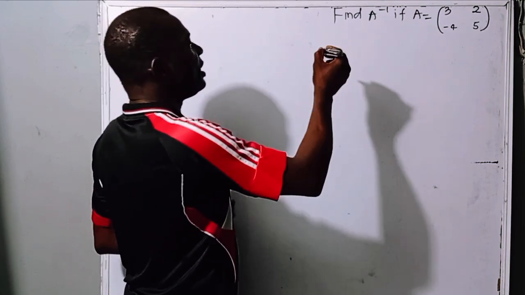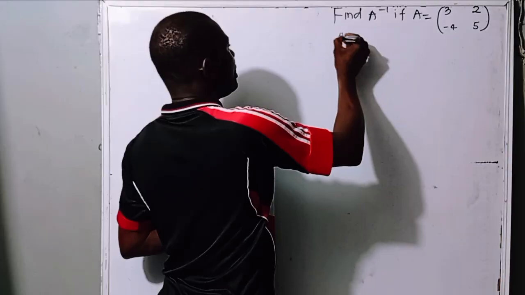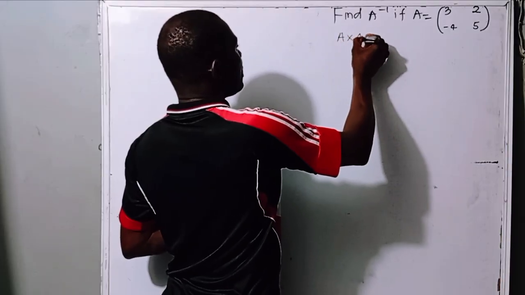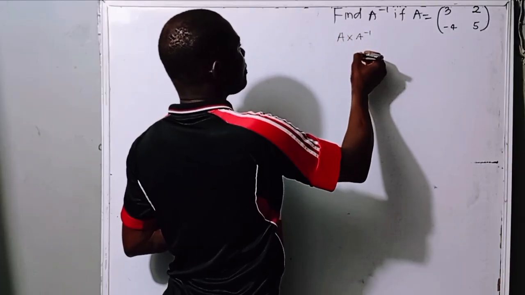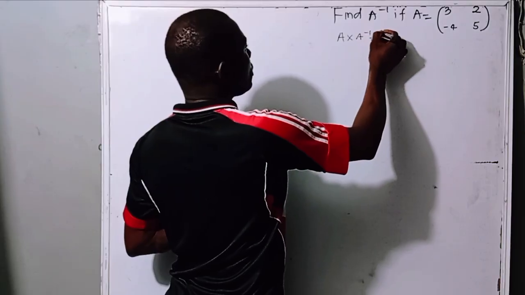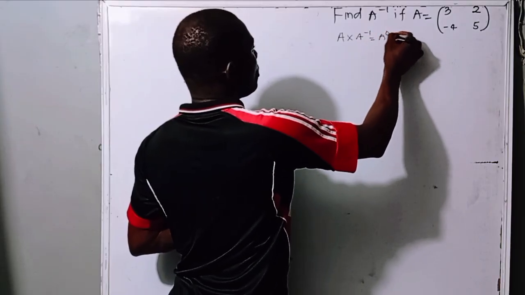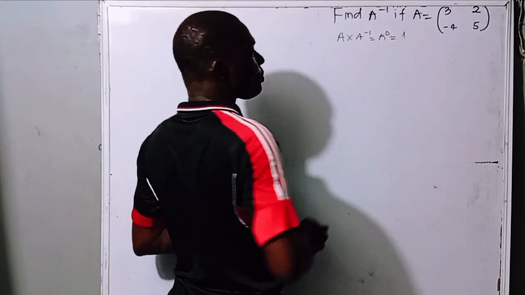Now, recall that in indices, if you have A times A raised to the power minus 1, we're going to have A raised to the power 0, which is equal to 1.